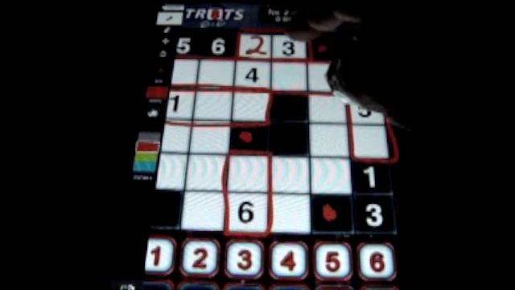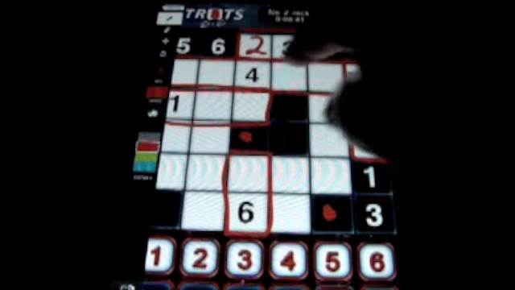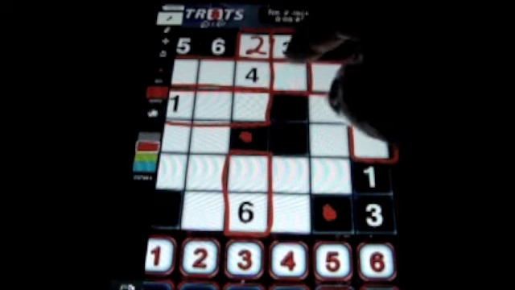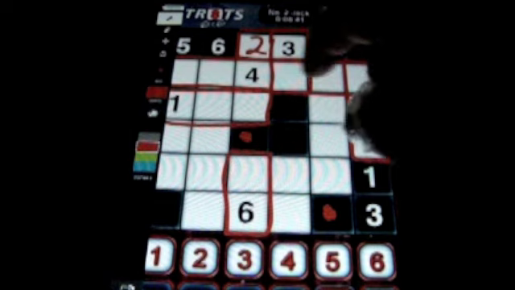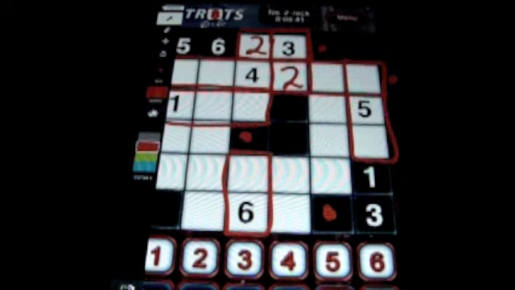As an example, the only two numbers that can go into a compartment with a 3 are a 2 and a 4. We have the 4 already. The 4 can't appear here again, so this must be a 2.